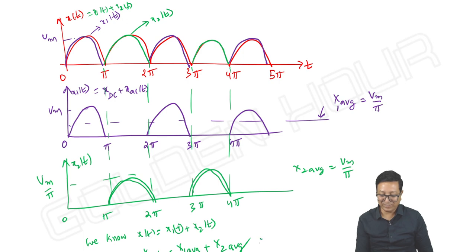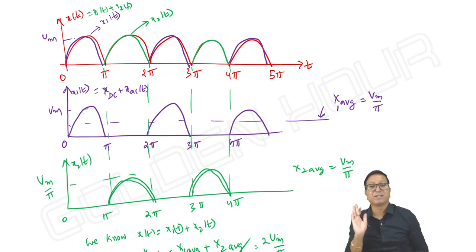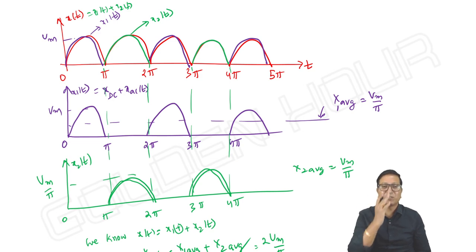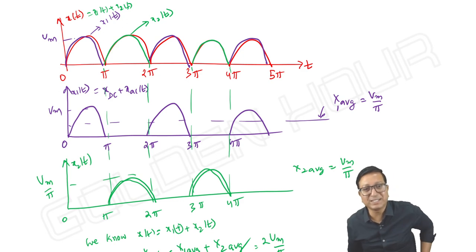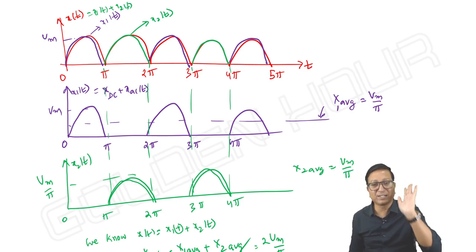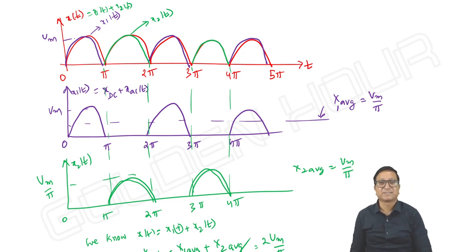Anyway, x1 average is Vm by pi, x2 average is also Vm by pi. Overall, it is 2 Vm by pi. That's it. It is as simple as that. Without any calculation, just by looking at the waveform, I wrote it. You can cross-check it.